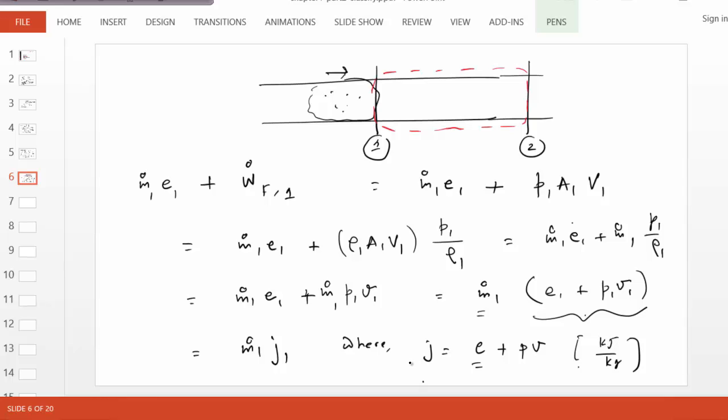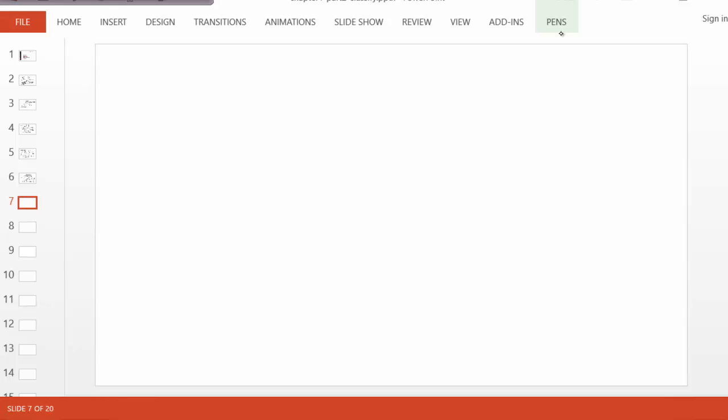So, summarizing, if we know E, P, and V, we know J, which means whenever we want to find out the energy transport of flow energy, what does it mean?